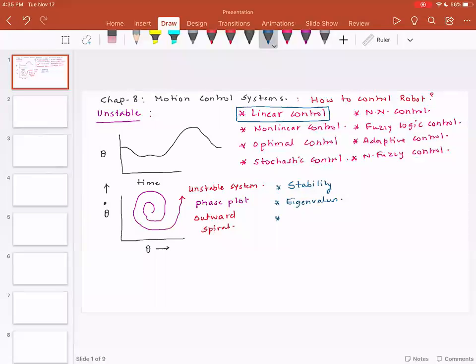We talked about stable systems. That could be asymptotically stable. It could be simply stable. And we also talked about unstable systems.